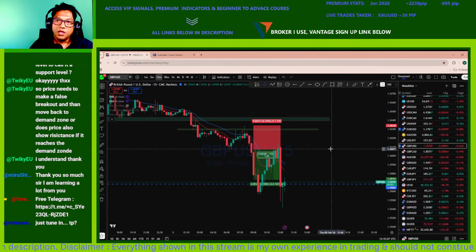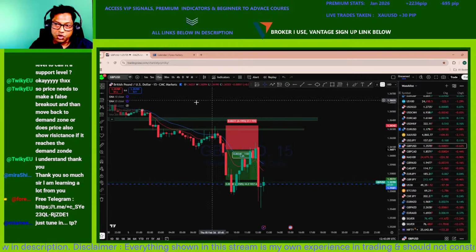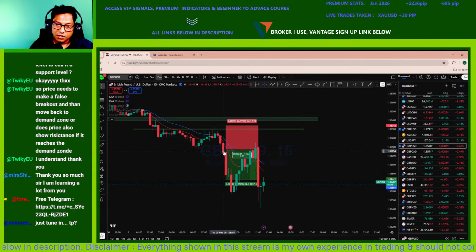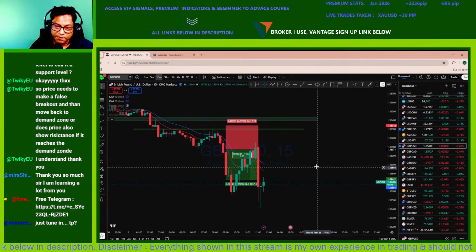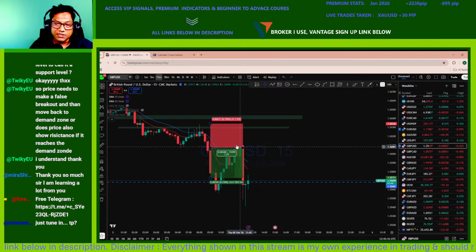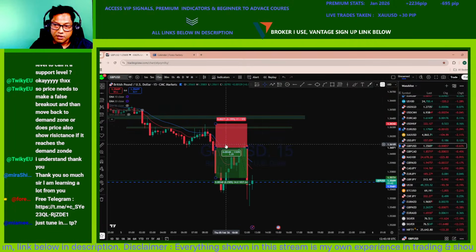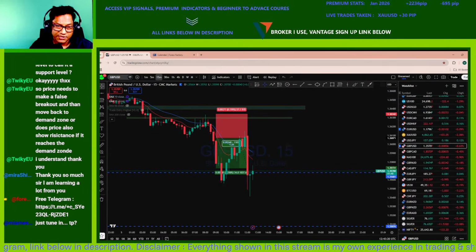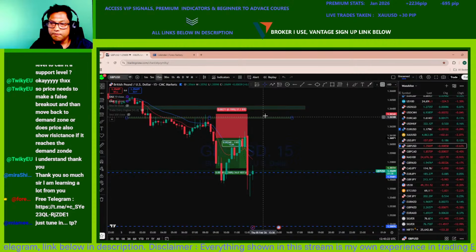Now, with this trade on British pound US dollar, the market has made its move back below, and you can see with this drop down, the price is maintaining its downtrend at the moment.